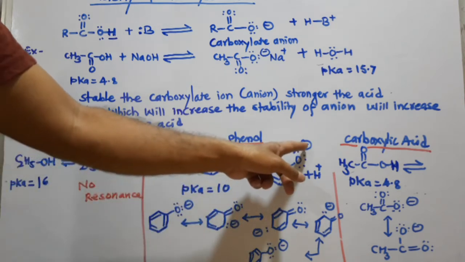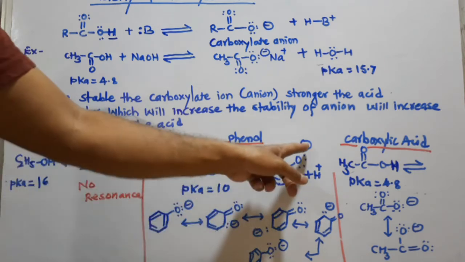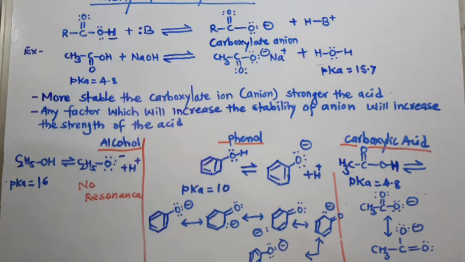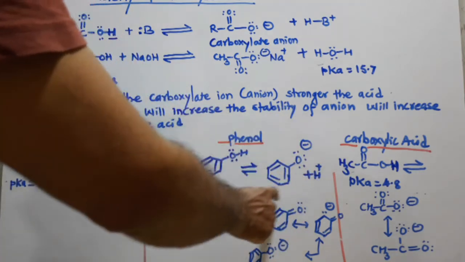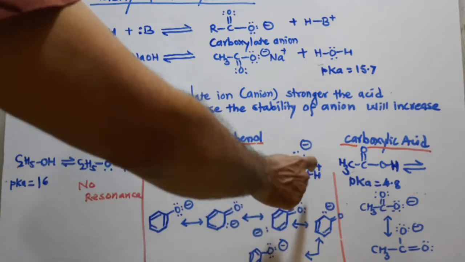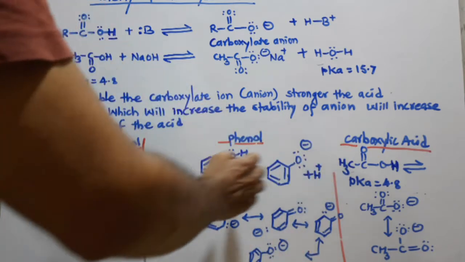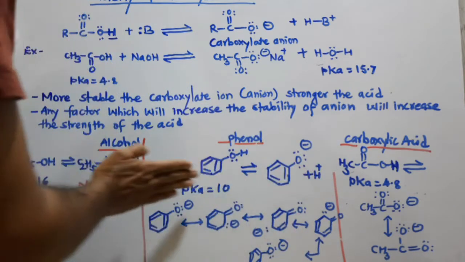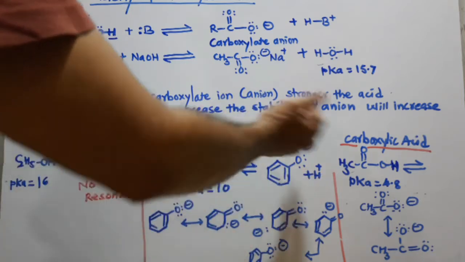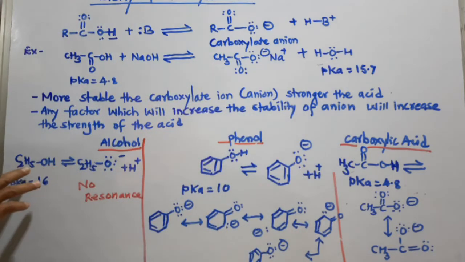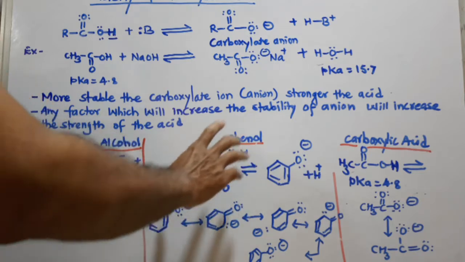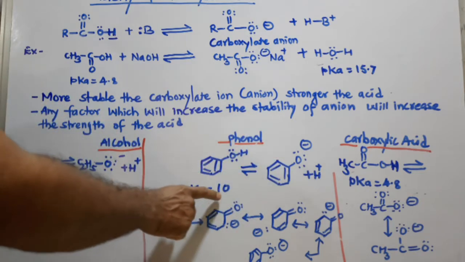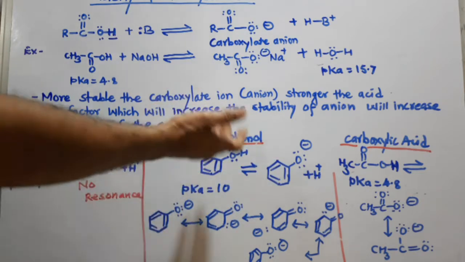That means this negative charge is decreased. If the negative charge, which is responsible for the instability of this phenoxide ion, is decreased, the stability will increase. If it is more stable, this molecule can give a proton more easily. So as compared to ethanol, phenol is more acidic. You can see the pKa value is 10, which is reduced, meaning more acidic.